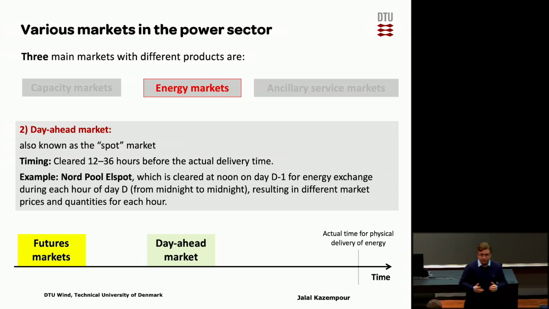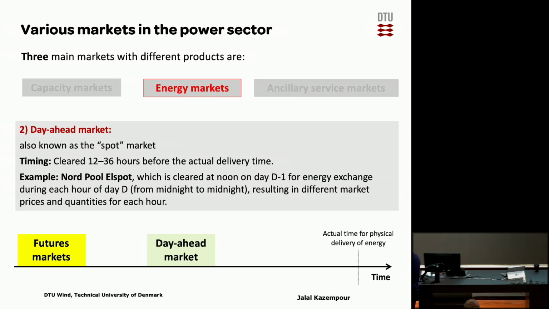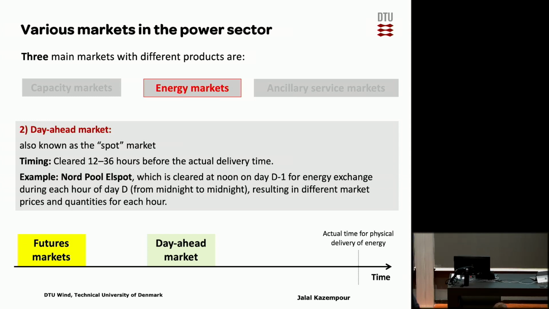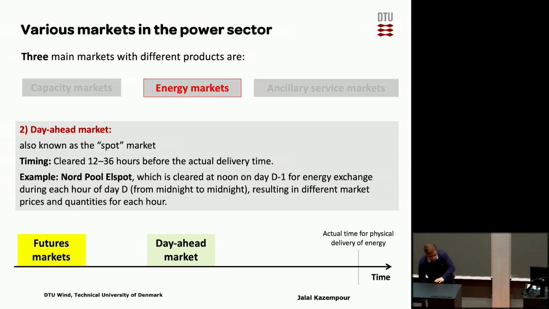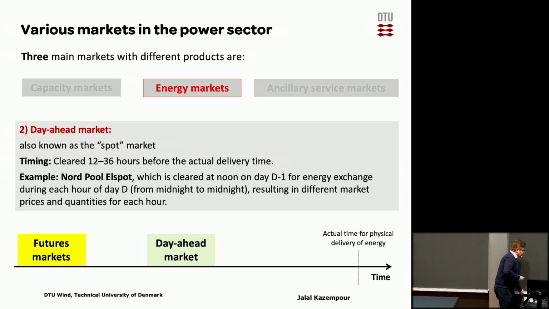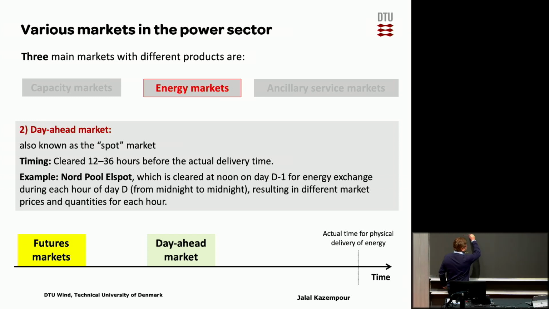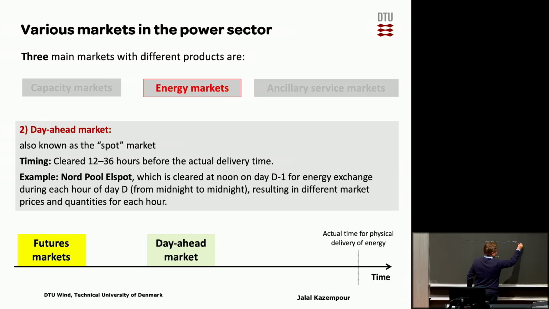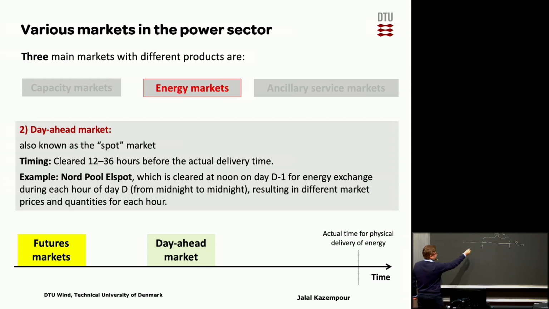So in the case of Nord Pool, in the case of Nordic countries, what happens is that this is time. This is, for example, tomorrow, day D. And D minus 1.